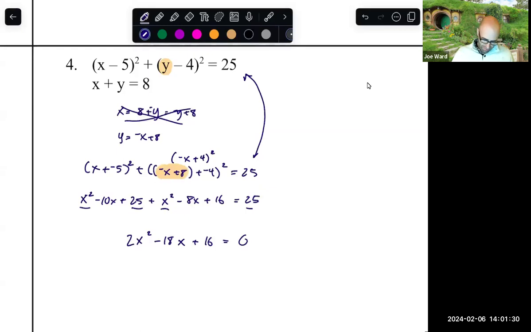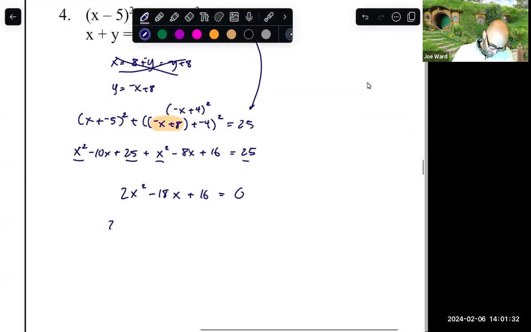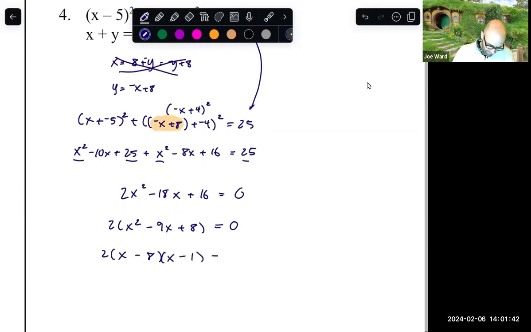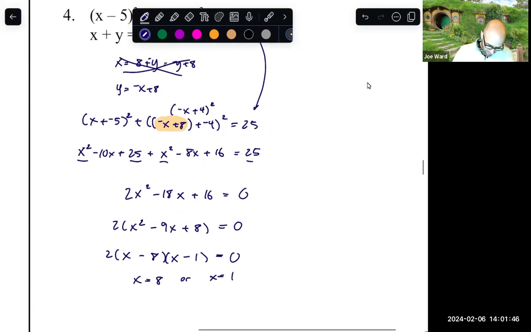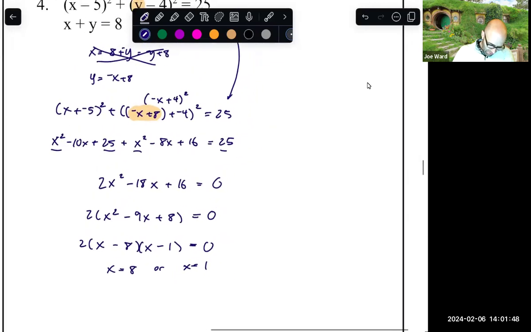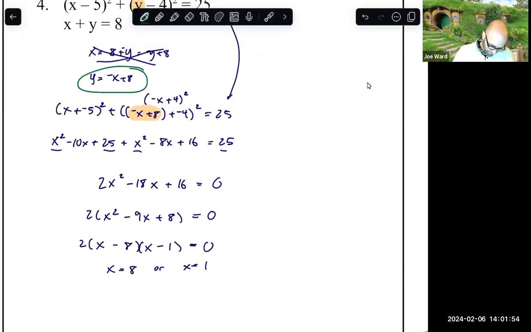So now let's factor a 2 out of that. You get x² - 9x + 8 = 0. And now we can get minus 8, minus 1. So x is equal to 8, or x is equal to 1. And then using this equation up here, we can find out what y is.